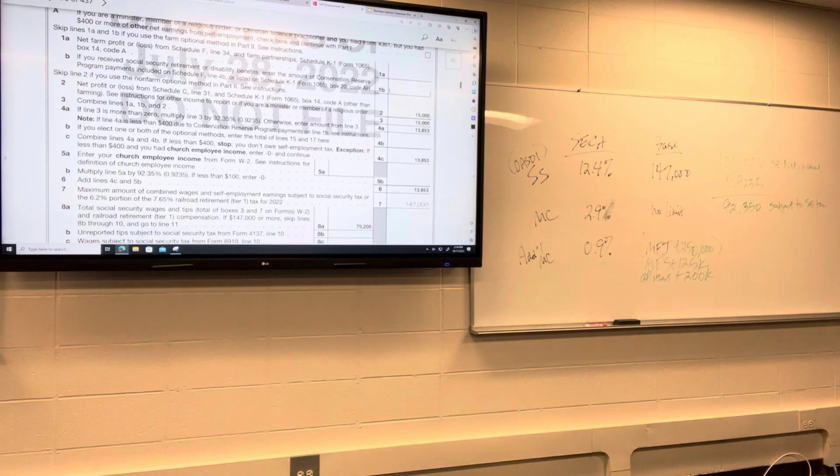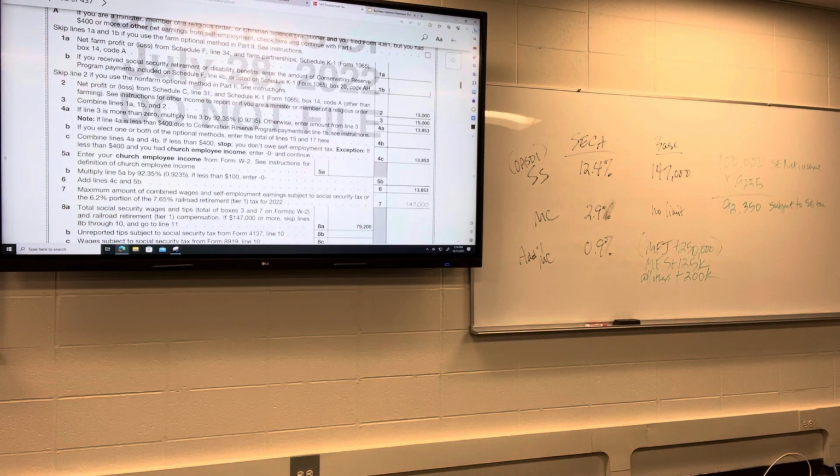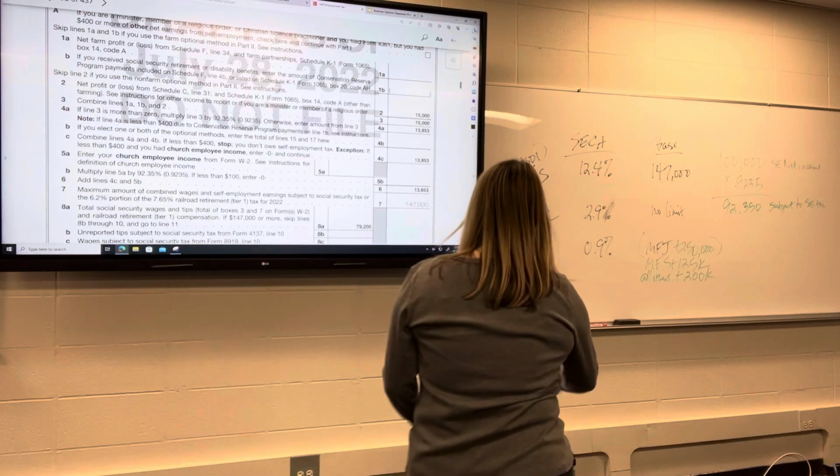Like this one, compute self-employment tax liability, self-employment earnings of 195,000. They should tell you, like, assuming Landon is single, because the only filing status that would have a limit under 200,000 is married filing separately. They would tell you if he's married filing separately. If not, then there's no additional Medicare tax, so you don't have to worry about it.